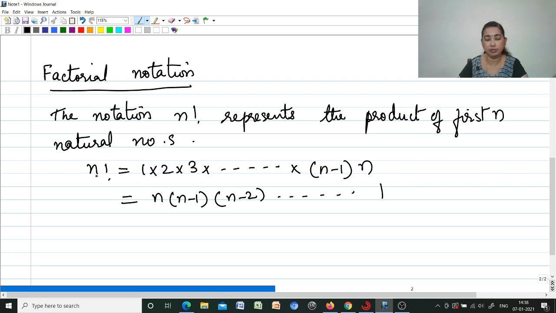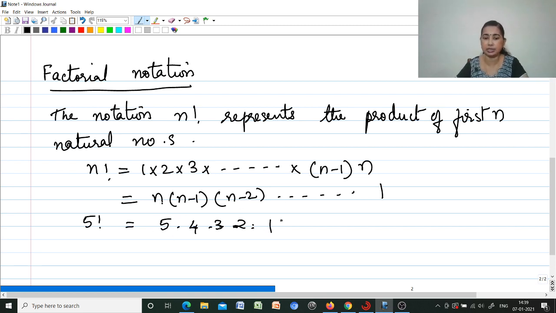That is, if it is n factorial, we start with n and find the product up to 1. So what will be 5 factorial? We have to start with 5 and go up to 1, that is 5 into 4 into 3 into 2 into 1. You start with the number whose factorial is asked and end at 1, finding the product of all those.